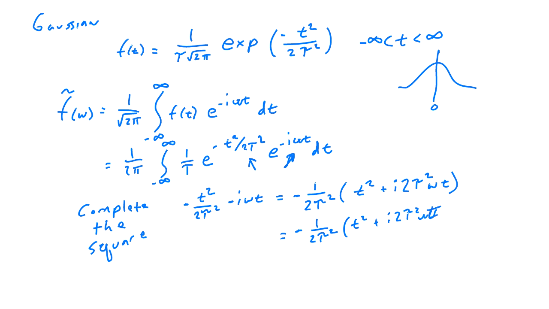And so what I'm going to do is put in another term that looks like tau to the 4th omega squared, that looks kind of like if I took the i tau squared omega and squared it. And by squaring it, I end up getting a negative sign, and I get the tau to the 4th and the omega squared.